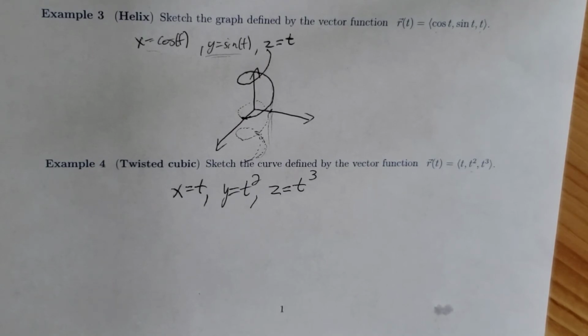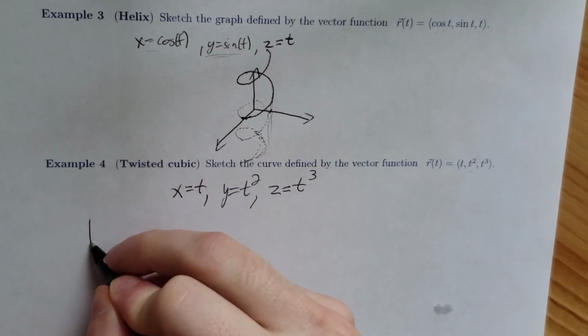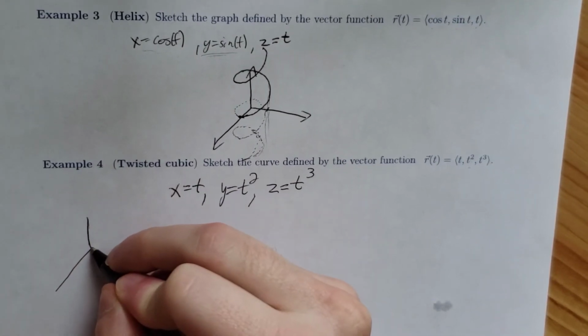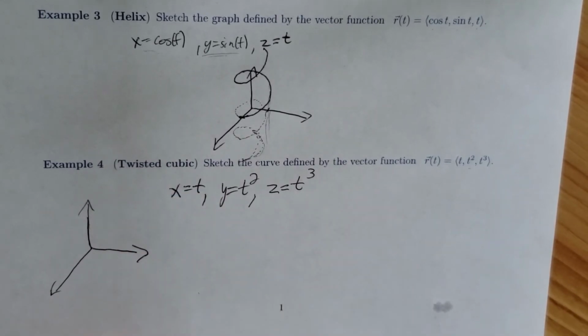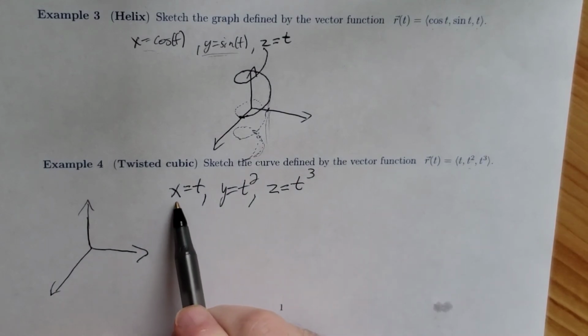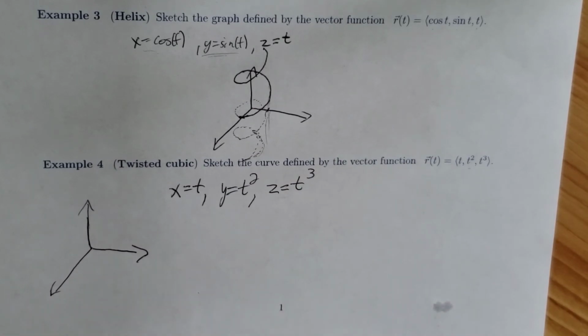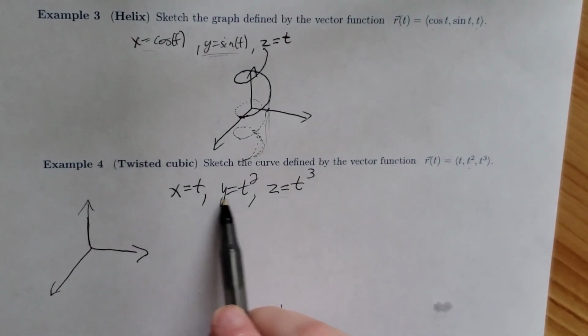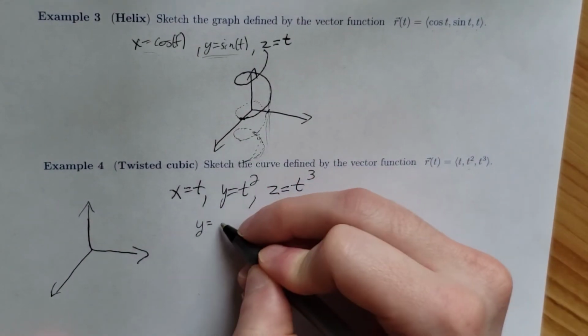Okay. So, what does this tell us? Well, let's actually do this. Let's just draw what's going on with x equals t and y equals t squared and ignore the z is equal to t cubed right now. If x is t and y is t squared, then we can rewrite this as y is equal to x squared, right?